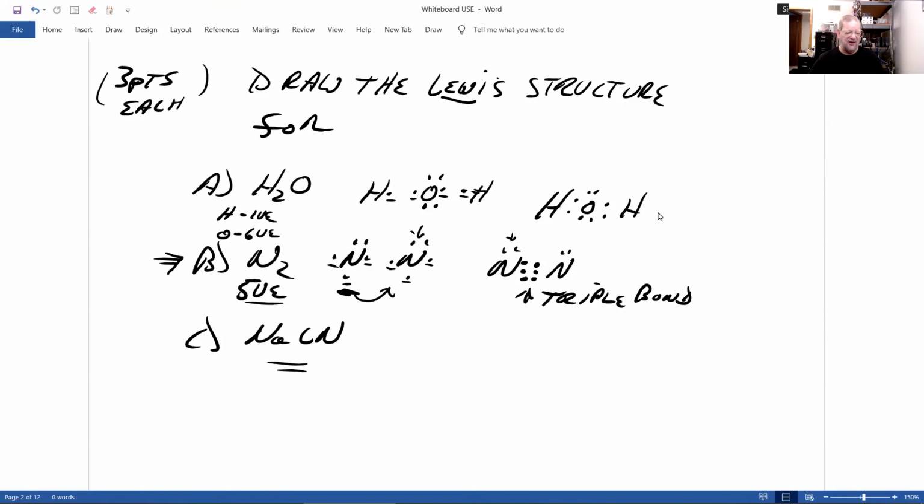Now, I'm going to do sodium cyanide. Remember, alkali metals never form covalent bonds. What ion does sodium form? +1. Sodium has 1 valence electron, carbon has 4 valence electrons, and nitrogen has 5 valence electrons.